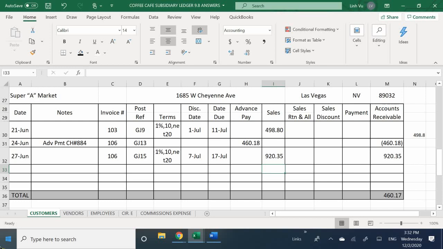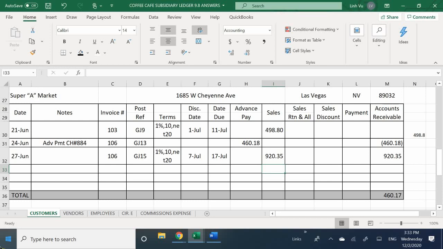We don't have a total invoice of what is reflected because the invoice for 106 is not $920.35. That's not what it's supposed to be reflecting, right? The invoice amount that's reflecting is supposed to be for the 460.17.